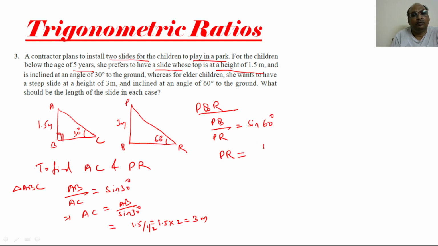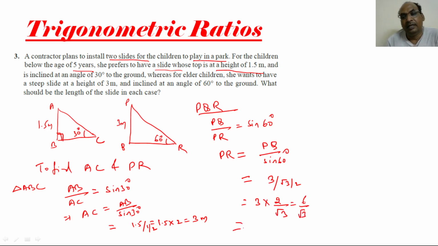is equal to PQ by sine 60 degree. PQ is already given, 3 divided by sine 60 degree, which is root 3 by 2. So it will be equal to 3 into 2 by root 3, which is 6 by root 3, because we will not be placing root in the denominator.